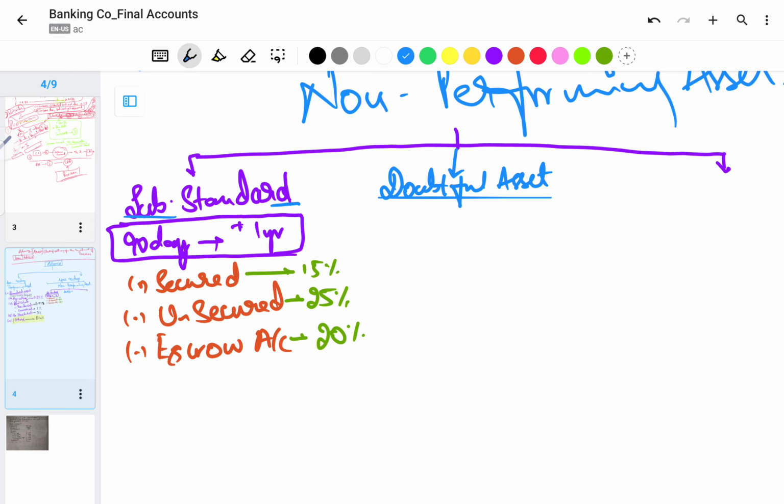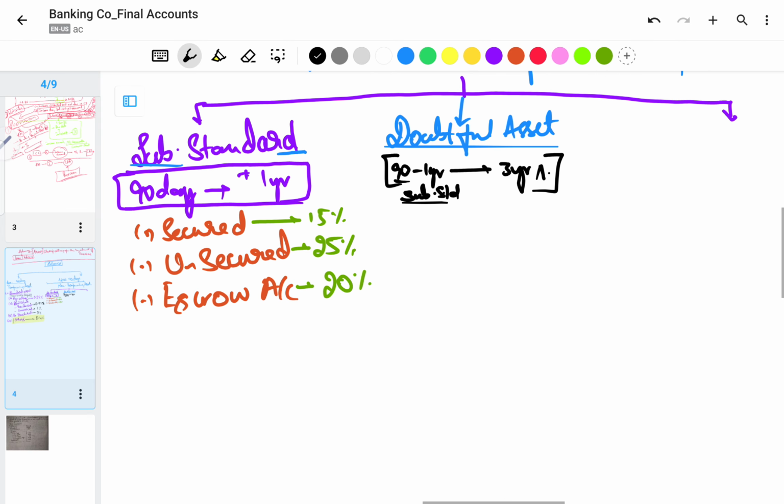Doubtful assets here: 90 days to 1 year is considered substandard. After this, 3 years, is that clear? After this 3 years we consider it doubtful.